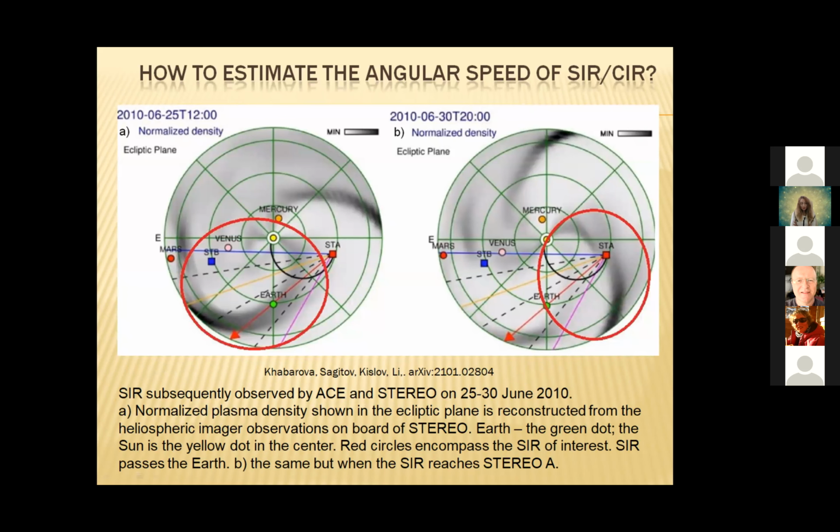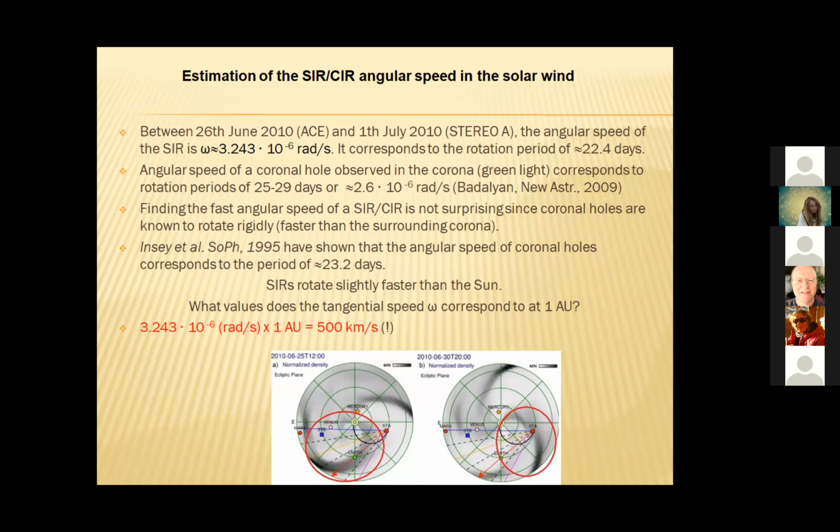In our case, it's ACE near the Earth, and STEREO-A is the second satellite. You see two figures with the two moments of these crossings. Between these dates, we have estimated the angular speed of the stream interaction region at one astronomical unit to be approximately equal to this value.